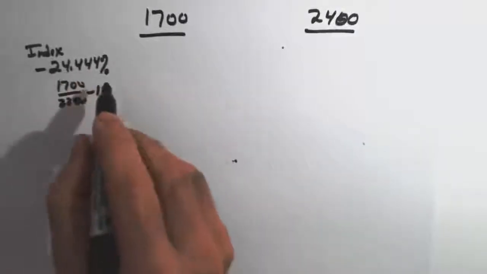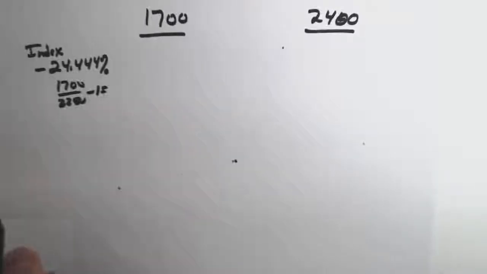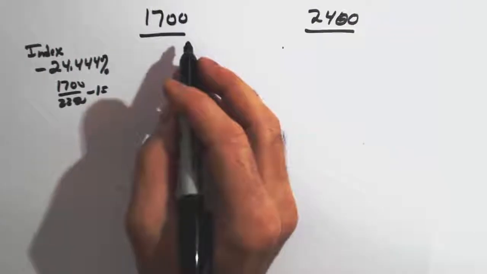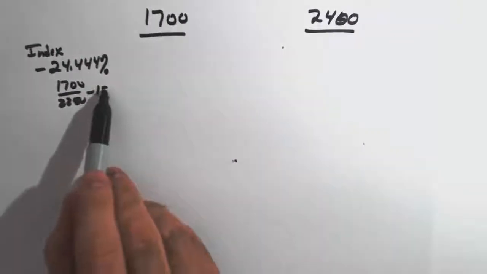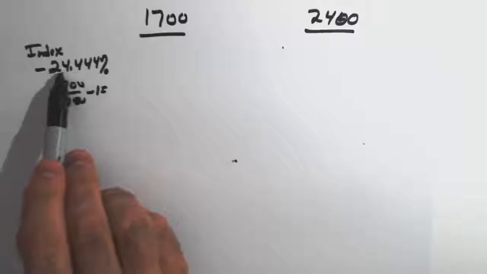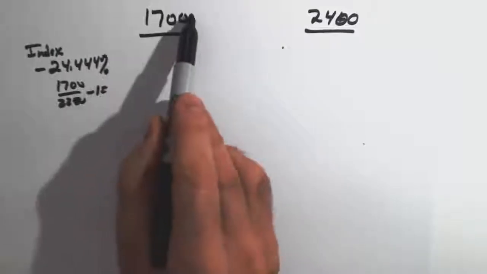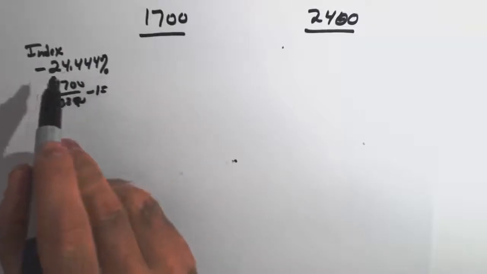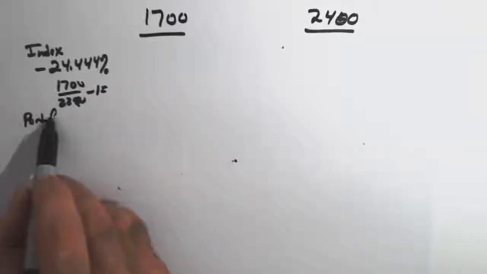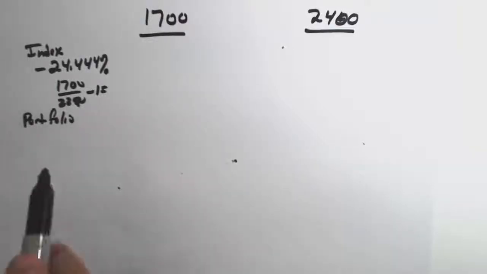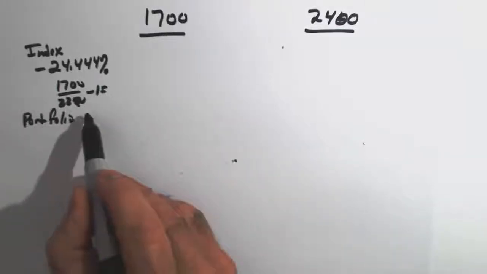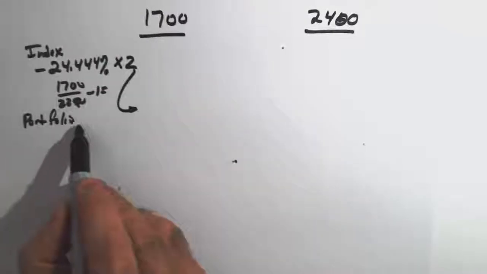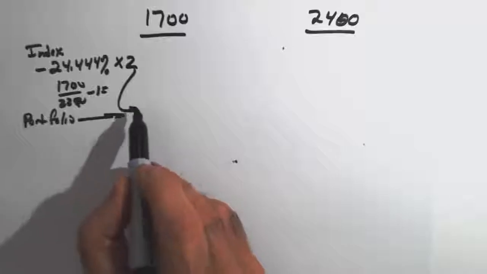So that's a minus 24.44%, which means the S&P index itself fell 24% because it went from 2250 to 1700. But we need to look at our portfolio. Our portfolio doesn't move 1 to 1 with the index. It moves twice as much. So we need to multiply this by 2 to come up with our portfolio value change.